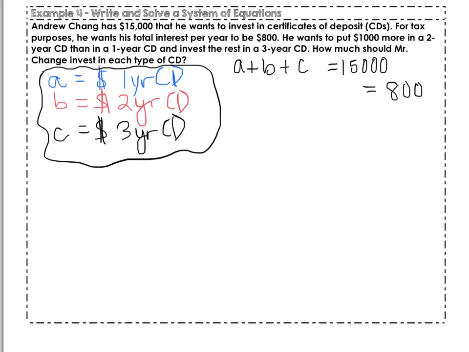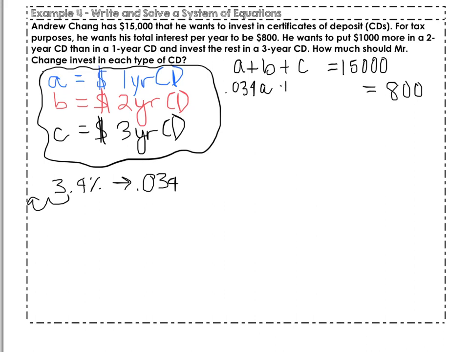So for A, it says we have a 3.4% rate. We're going to convert it to decimals, which means move it over 2 spots. That's why our rate for him is actually going to be 0.034. So we're going to have 0.034 times our A, because that's going to be the interest times the amount of money for A, or my 1-year CD.